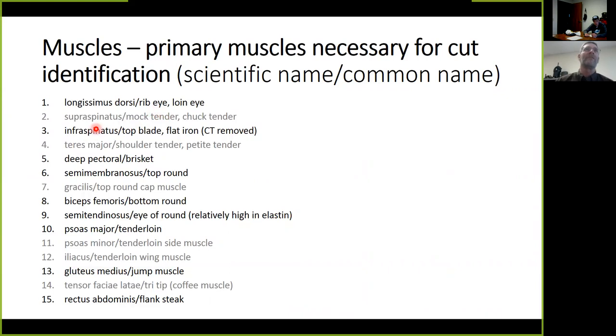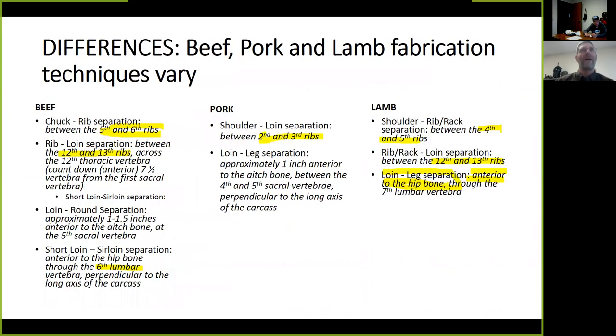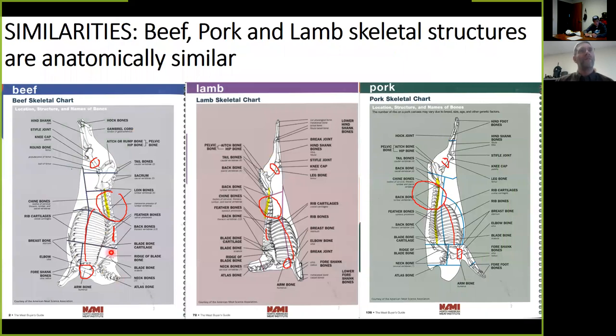Now, let's skip down to number 3, and that's the infraspinatus, or the top blade, or the flat iron. So let's go back here, and it's going to be right here, right where my pointer is. And you can see the spinous process here of the shoulder blade. That top blade muscle is right below that.